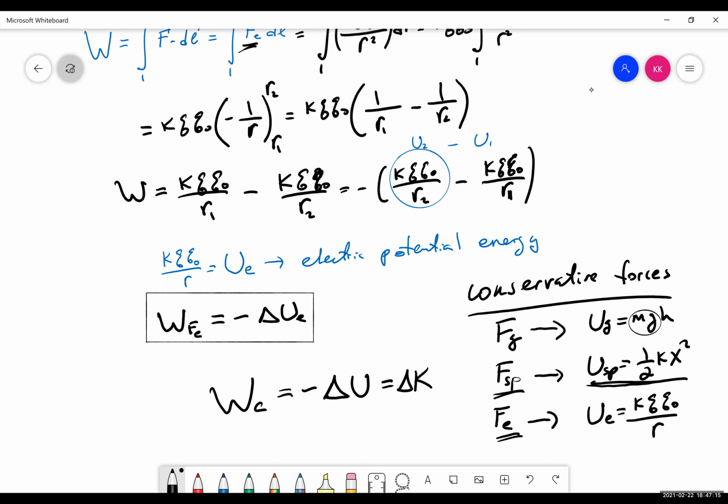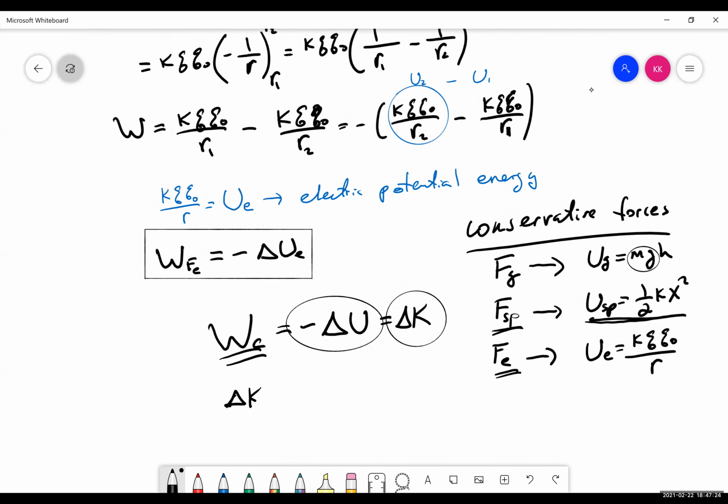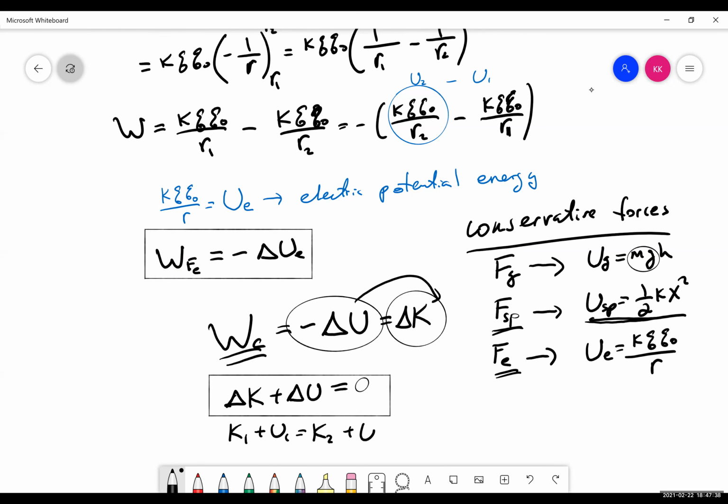That means the work done by a conservative force equals delta K, but it also equals negative delta U. Putting them together, delta K plus delta U, moving it to the other side, equals 0. That's the equation for the conservation of energy, which means K1 plus U1 equals K2 plus U2. The total energy at one point is exactly the same as the total energy at another point, where the energy is the sum of those two types of energies.